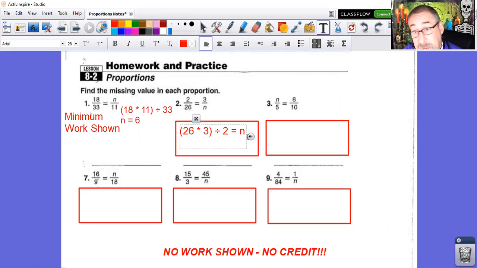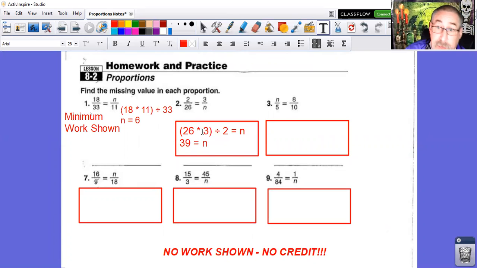So 26 times 3 is 78. 78 divided by 2 is 34. Let me use my calculator. 26 times 3 equals 78, divided by 2 is 39. So 39 equals n.